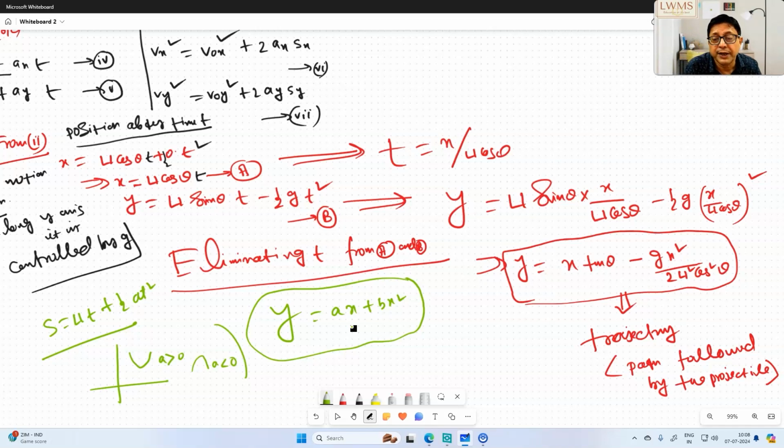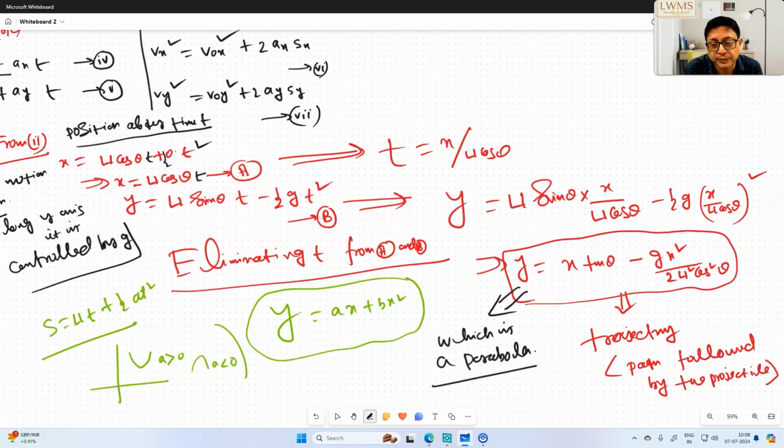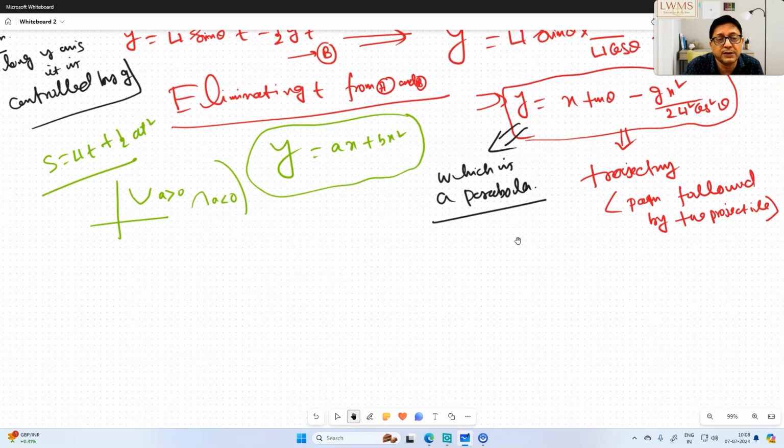So this will represent a parabola. You will learn in class 11 mathematics in detail. It is there in class 11 coordinate geometry. Right now, you need to know that this projectile followed a parabolic path, that I have explained. It is of the form ax plus bx square, so it is definitely a parabola. So projectile will follow the parabolic path.